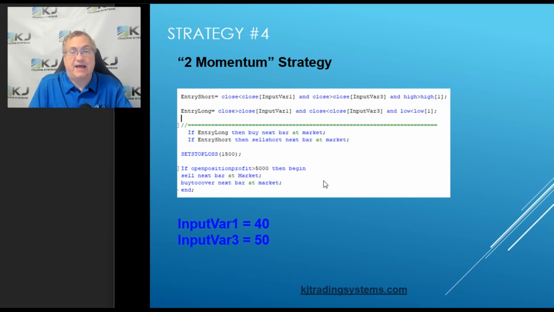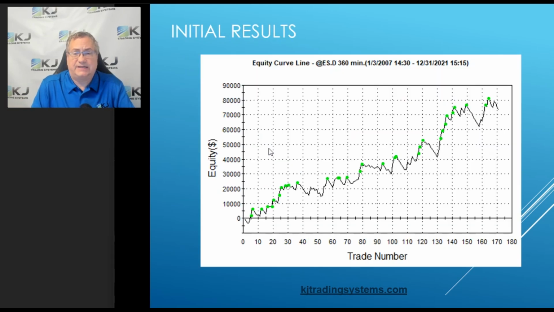So you'd have to change that for the micro E-mini. And it has a profit target of $5,000, and it'll enter that order on the next bar. So it calculates that open position profit every bar with a TradeStation reserved word. So that's the code. Pretty simple.